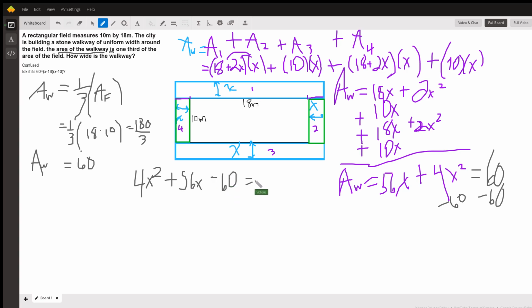Now, if we could find the value of x that satisfies this, when they're asking us how wide is the walkway, because we made our walkway x, they're really asking us to find x.